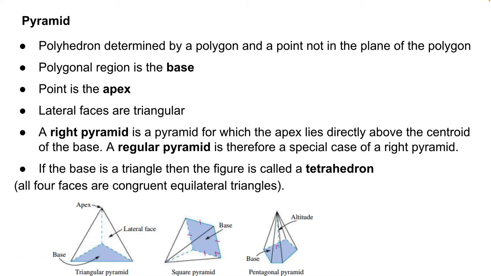From there, you can have faces that are connected with this base, right? We call the polygonal region the base, and the point that is not on that base, the apex, and there are lateral faces that are triangular in shape. Whichever pyramid you have, the faces are always triangles.